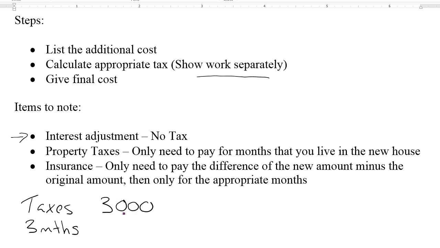So what I have to do is multiply our taxes by 3 and then divide by 12. 3 for the months, 12 is a full year. So 3,000 times 3 divided by 12 is $750. I would only be required to pay $750 towards the property taxes if I moved in there in October, November, and December.